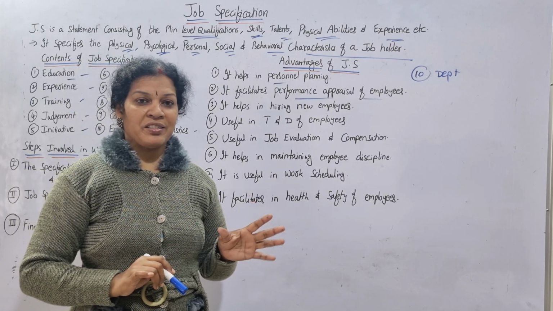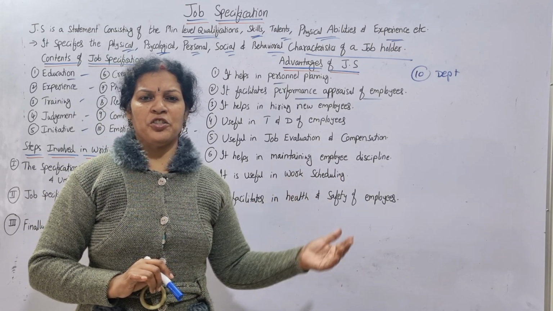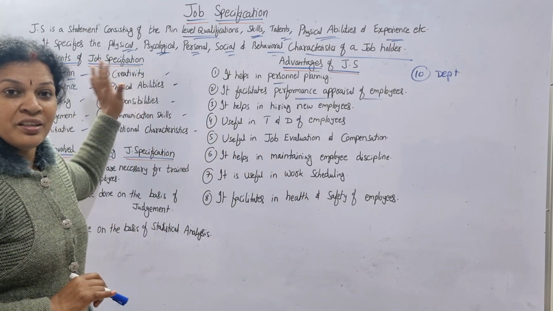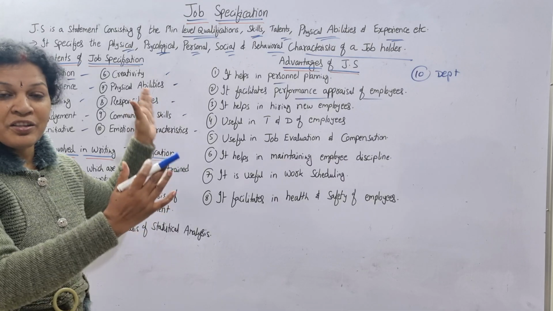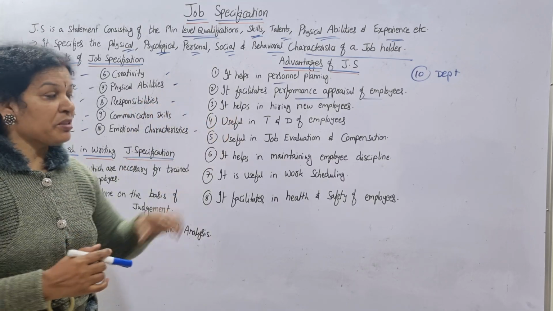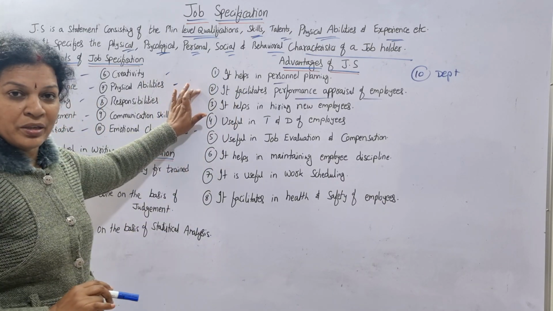He will mention all his nature of job, achievements, roles and everything. At the same time, you have to consider the job specification, whether it is matching or not. So that is why, when we consider performance appraisal, this job specification is useful. This is what we are talking about in the second point.